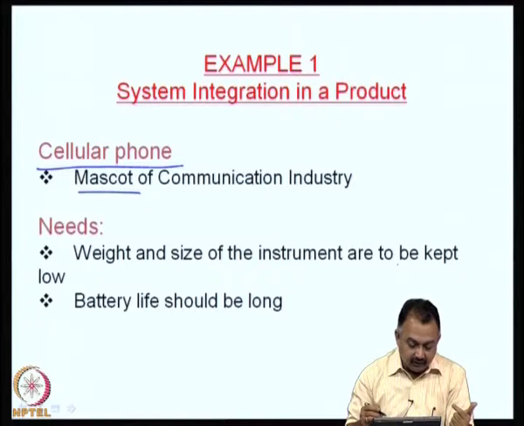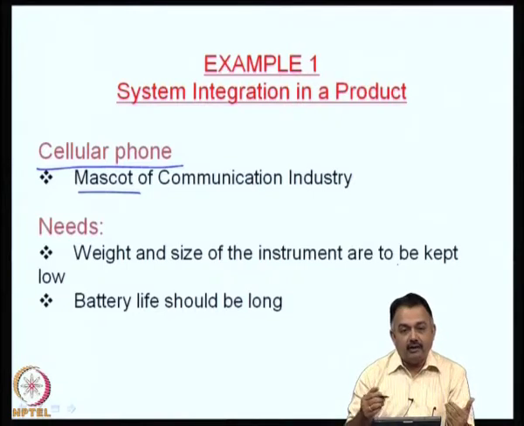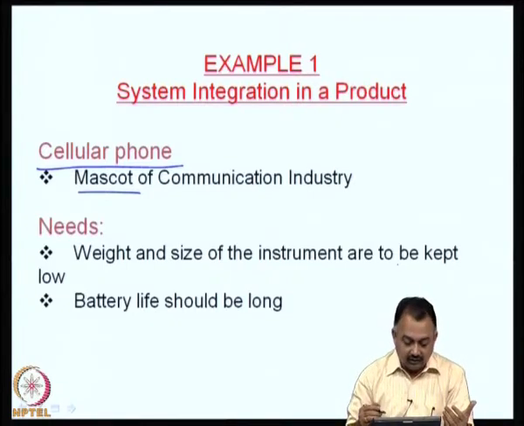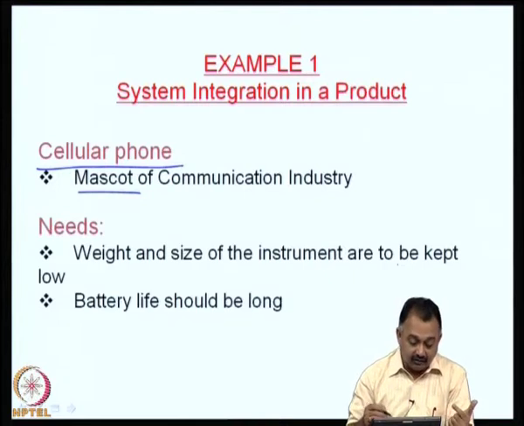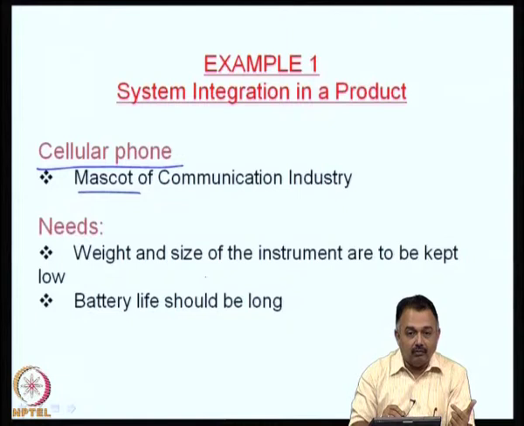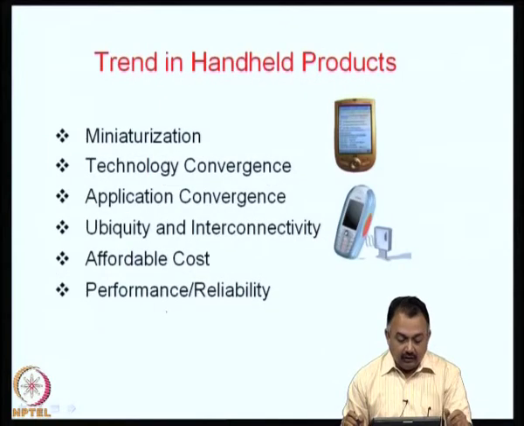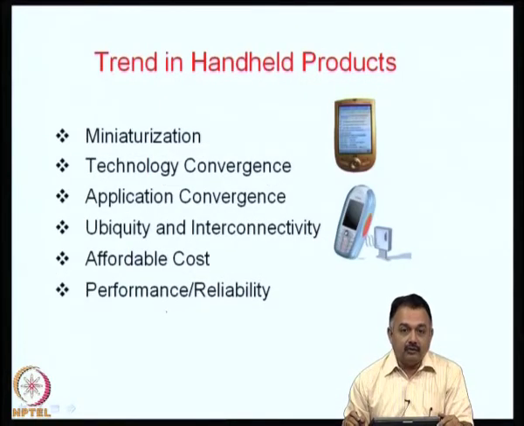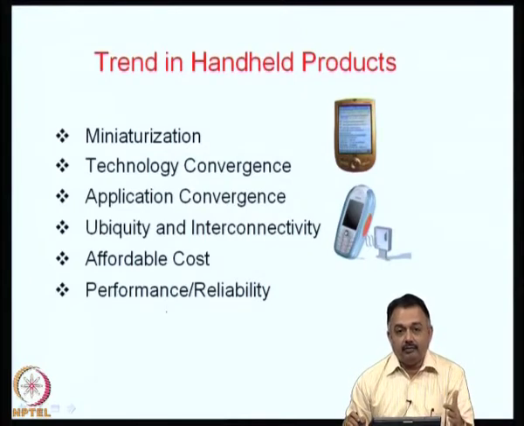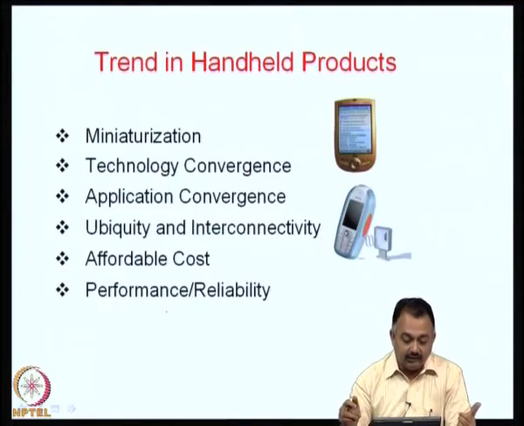What is the need for a cell phone to be manufactured? I mean the manufacturing criteria. Weight and size of the instrument should be kept low, because that is going to be very attractive. Battery life should be long. Now, the trend in handheld products globally: you can have manufacturing in India, Europe, US and so on, and the products are now being manufactured in one place and exported elsewhere.